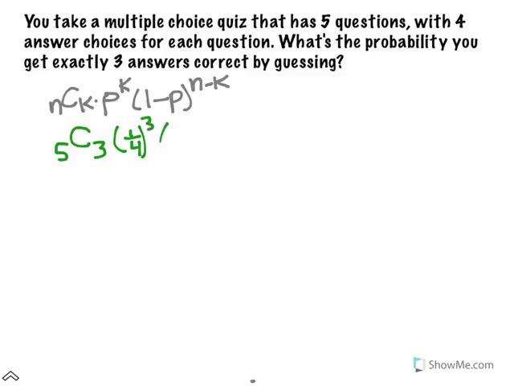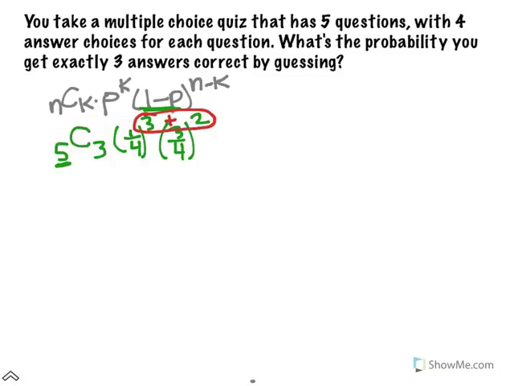The failure is a 3 out of 4 chance, because 1 minus p is the failure, and this is squared, because there are 5 trials, and if you're getting it correct 3 times, you have to get it incorrect twice. Notice what these exponents add up to. They always add up to the total number of trials. I just wanted to point that out.